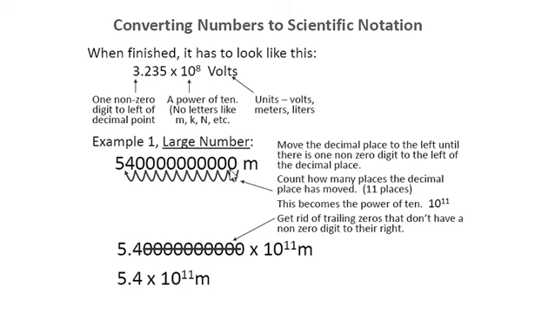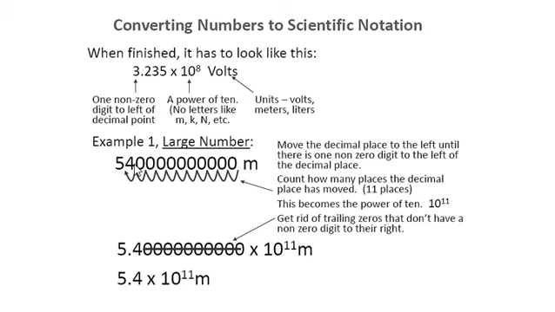You have your number right there, and we're going to change that into scientific notation. Scientific notation starts with 1 digit followed by a decimal. So we're going to start with the 5, the first digit, followed by the decimal, and your next digit is 4, and then we multiply by the base 10. Then we count all the zeros.